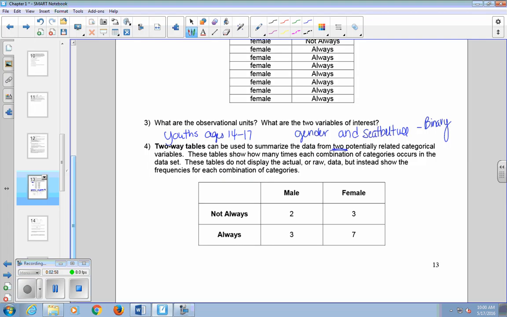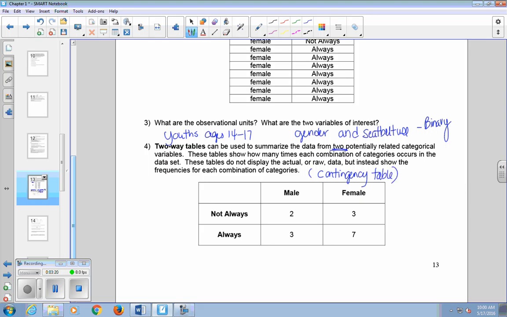The table does not display the actual data, but instead shows frequencies for combinations. So this is really just a summary of the data. And sometimes you may see it called a contingency table. Some books refer to it that way.